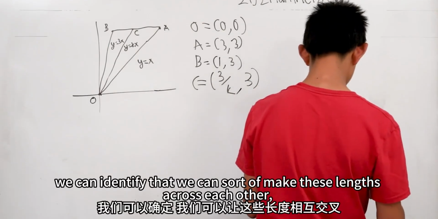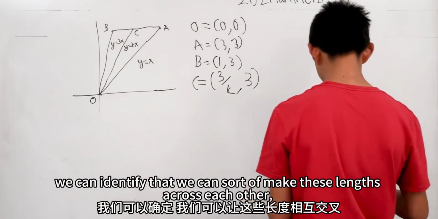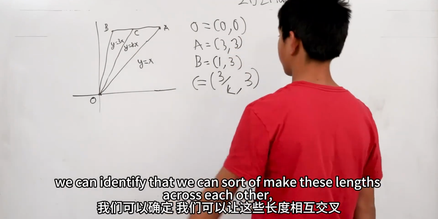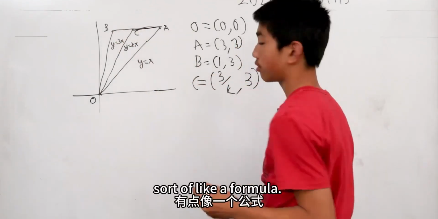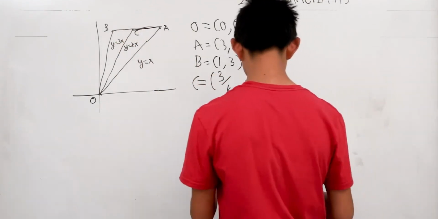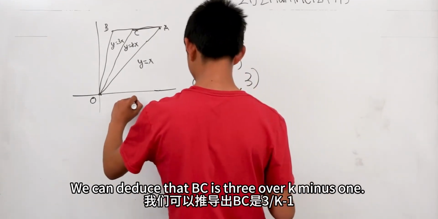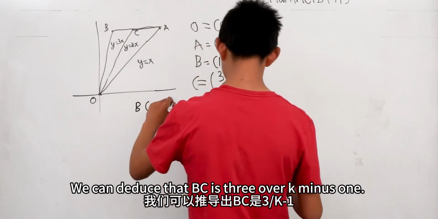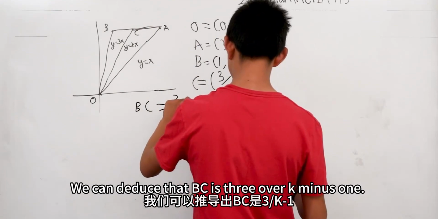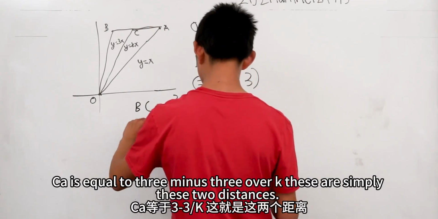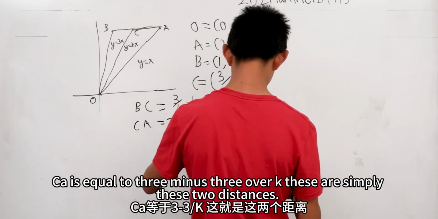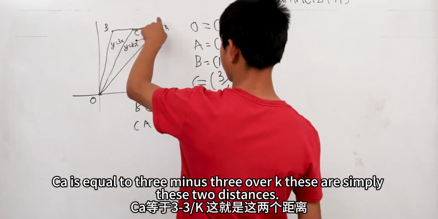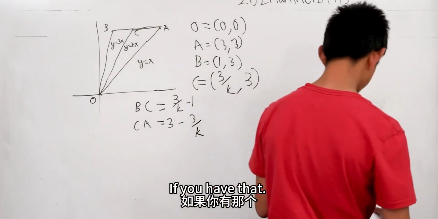So therefore, we can make these lengths across each other, sort of like a formula. We can deduce that BC is 3 over k minus 1. CA is equal to 3 minus 3 over k. And these are simply these two distances.